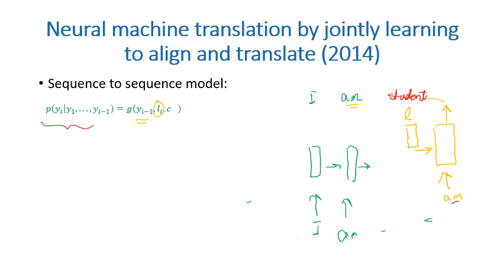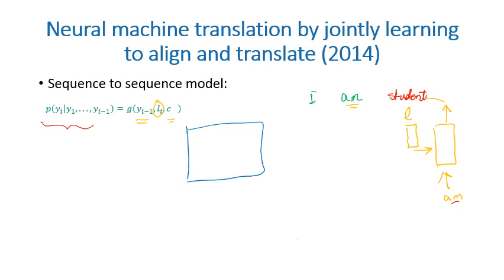Okay. What else do I have? I have C. So C is the context vector of my encoder. So I had an encoder here, which took in, say, a French sentence and produced a context vector.